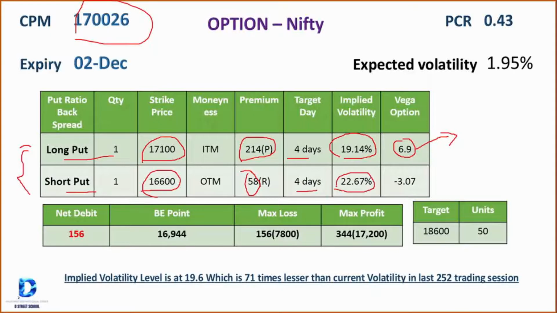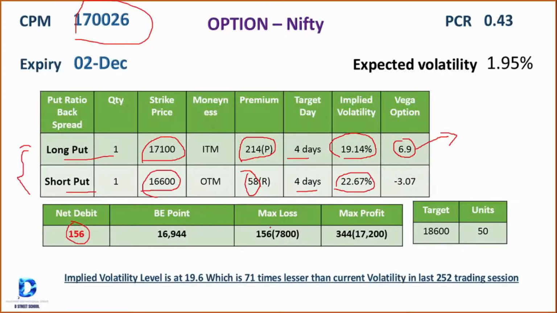So if the volatility increases, we will lose minus 3 rupees 77 paise on the premium. By building this option strategy, our net debit would be 156 rupees on premium, which comes to a maximum loss of 7,800 rupees.